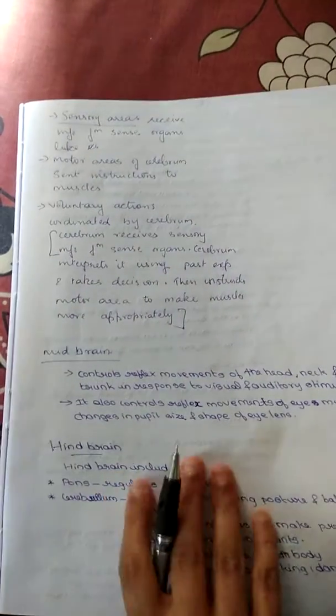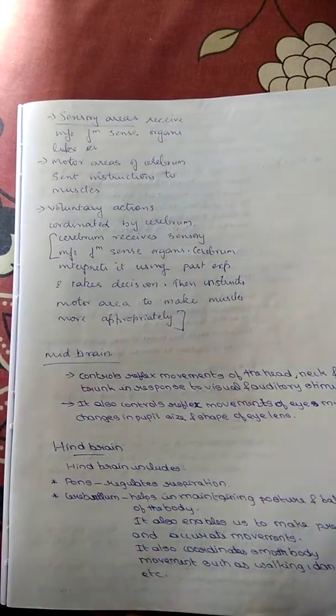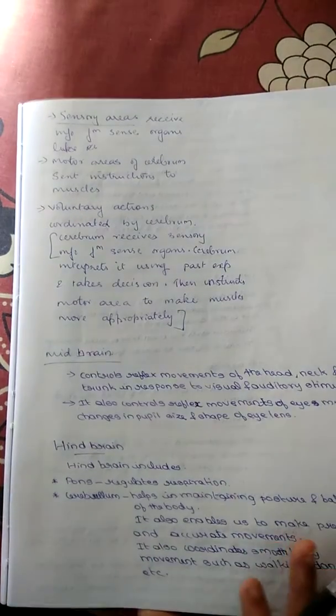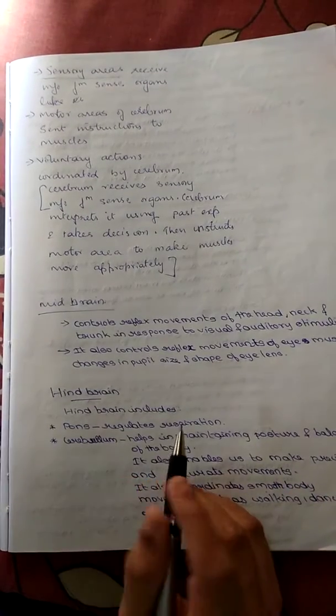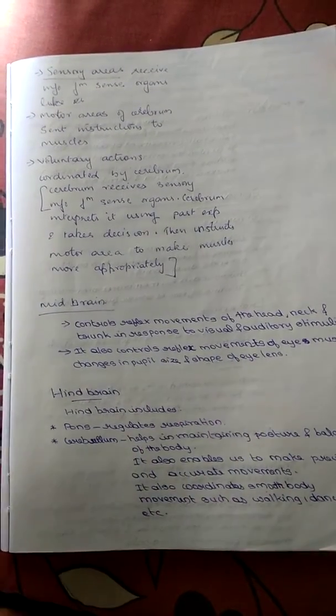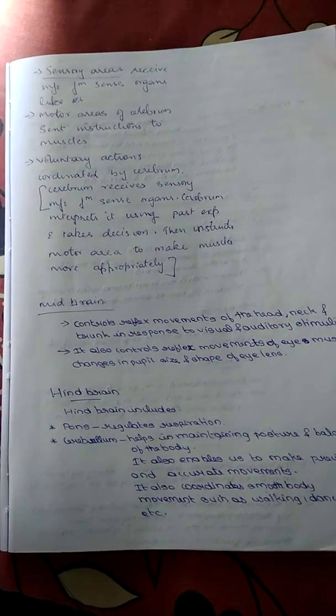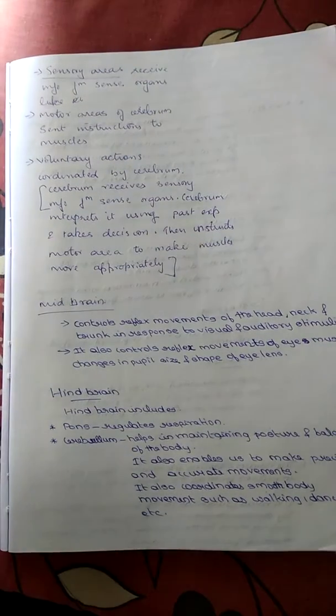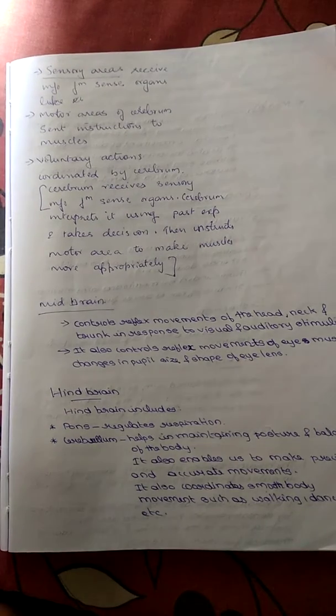Now, we are going to talk about the midbrain next. What does it do? We already said that reflexes starting from the cerebrum or the brain are known as cerebral reflexes.